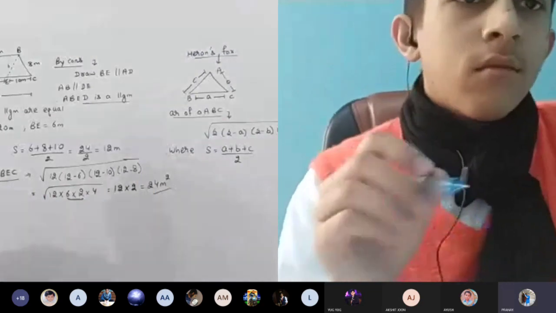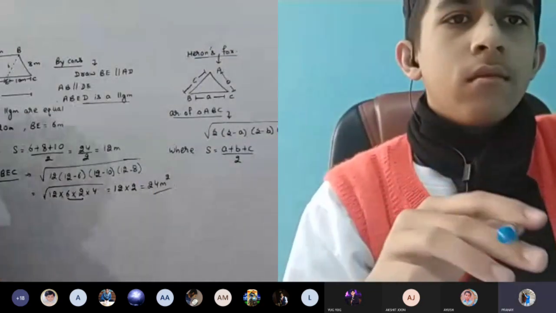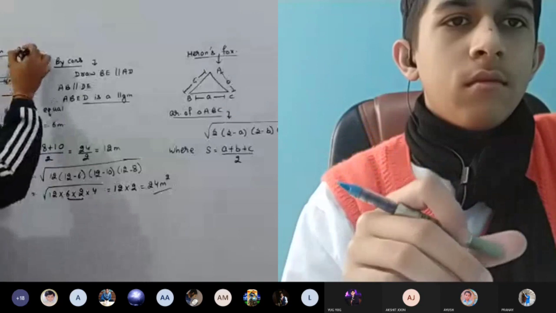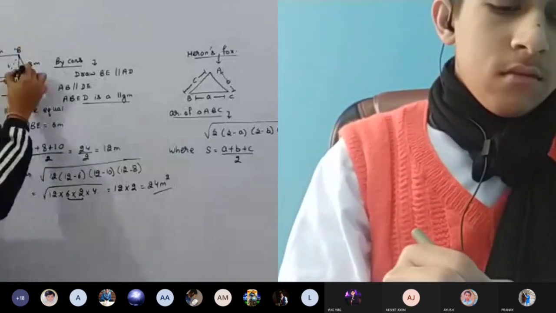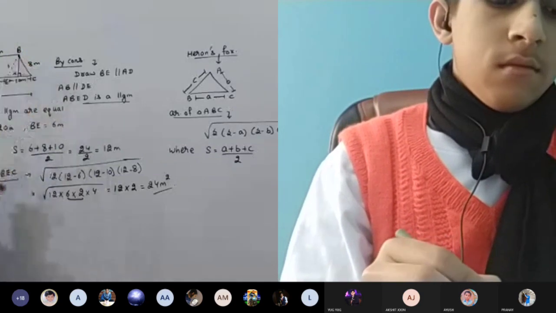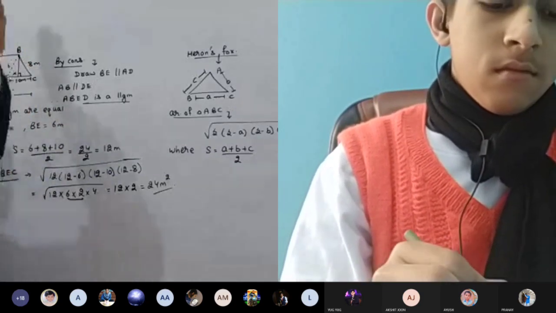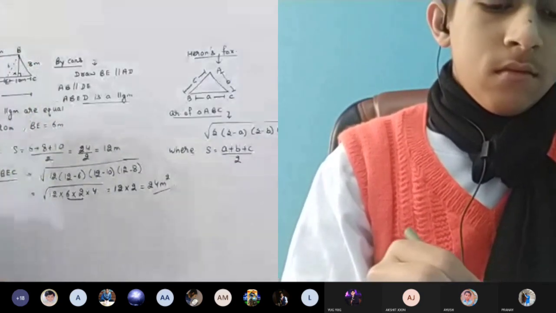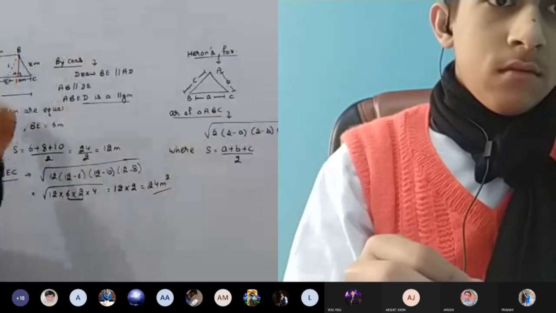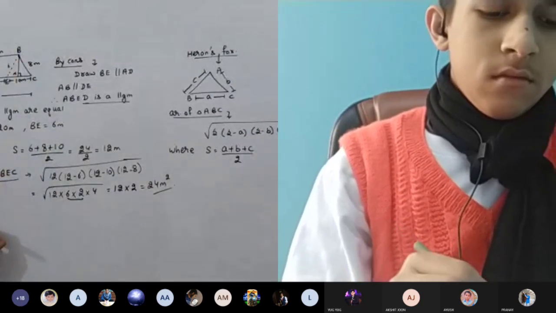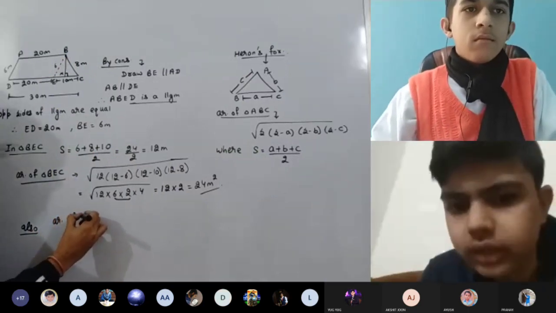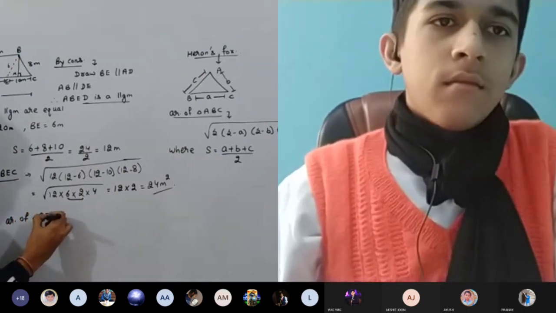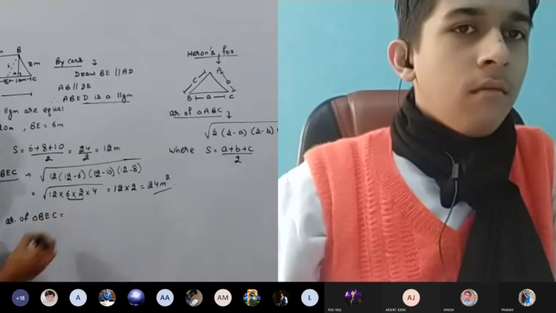Yes, sir. Okay. Now, students, if I take the height of the trapezium, if I take the altitude of the trapezium like this, name it as BM. If I take the altitude of the trapezium BM, this is in the triangle BEC also. Can I write the area of triangle BEC by using a formula also?